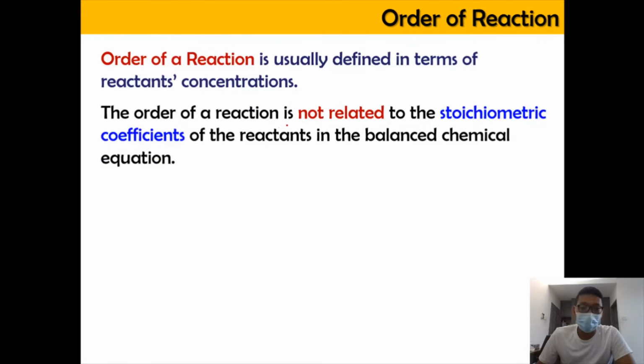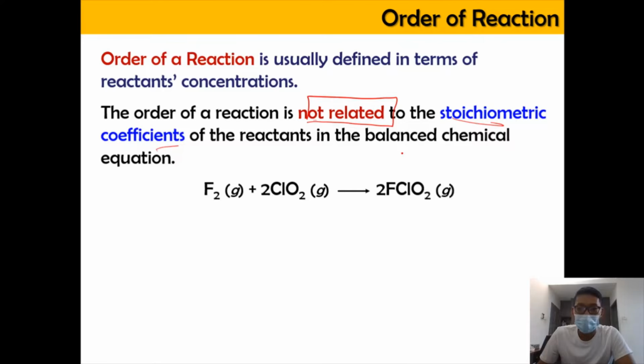Okay? So order of a reaction is usually defined in terms of the reactant's concentration, but the order of the reaction is not related to the stoichiometric coefficient of the reactant in the balanced chemical equation. As you can see here, the reaction of fluorine gas with 2 ClO2 will produce 2 FClO2.